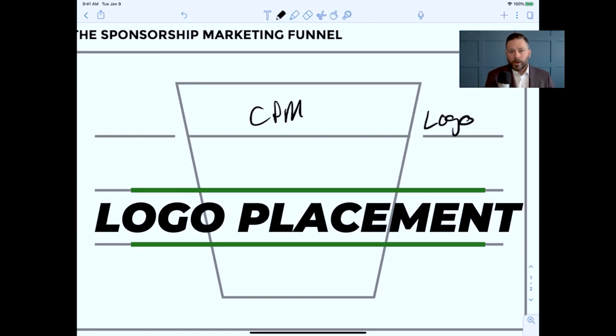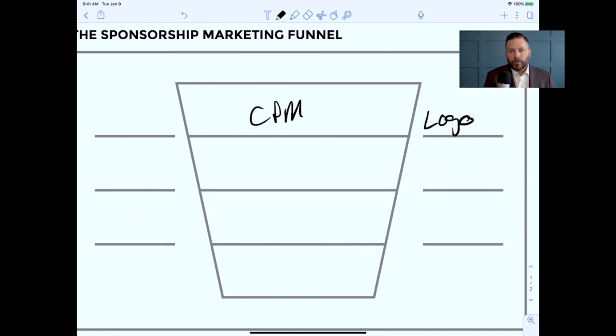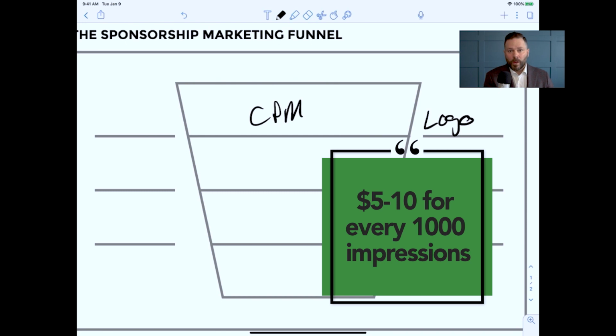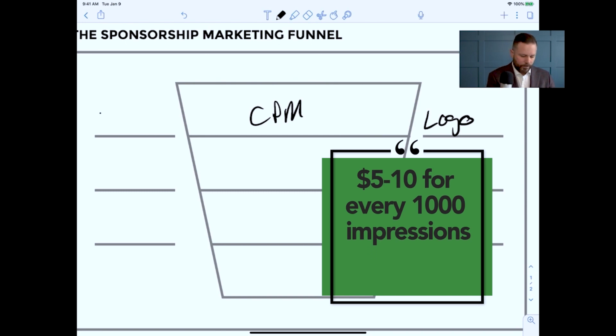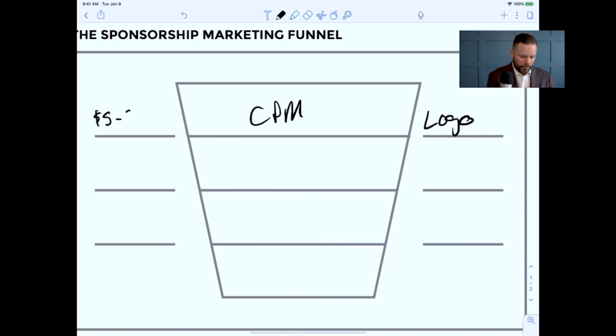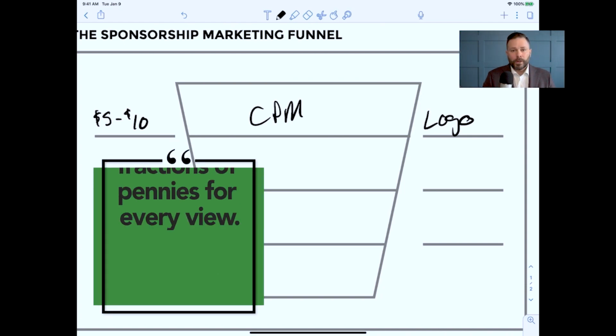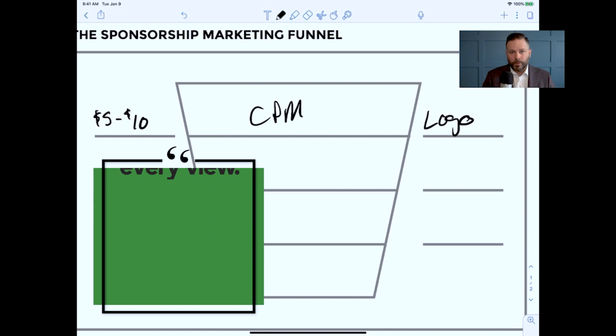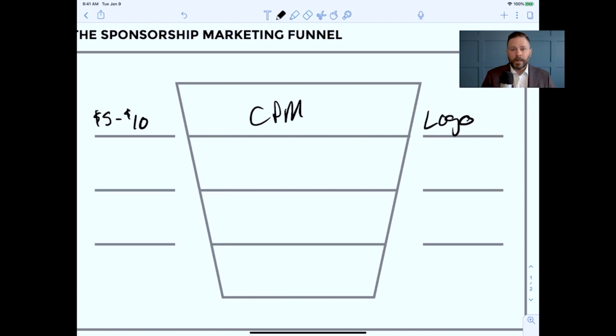In the digital marketing world, brands are really only willing to pay between $5 and $10 for every 1,000 impressions. Or put another way, pennies and fractions of pennies for every view. So keep that in mind the next time you're offering logo placement as an anchor within your sponsorship package.